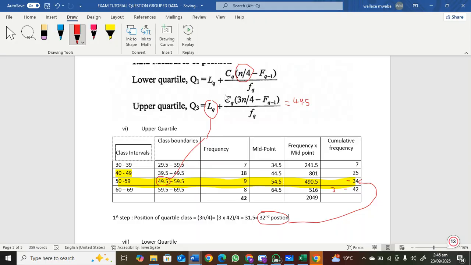Class width, as I said, is upper class boundary minus lower class boundary. 59.5 minus 49.5, that is 10. Open brackets, 3n divided by 4, we got 31.5 here. Since we rounded it off, let me just use 32.